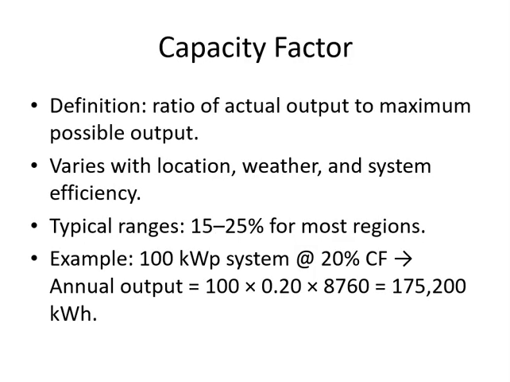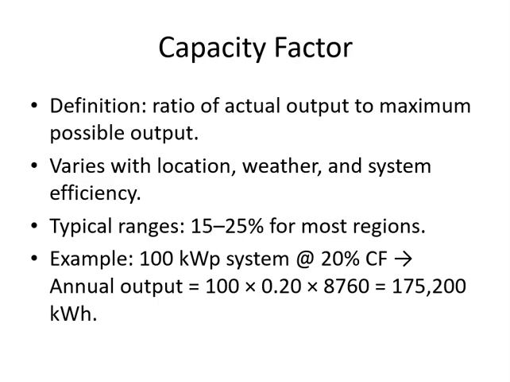The capacity factor is the ratio of what your system actually produces to what it could produce if it ran at full power. This varies. For example, sunnier locations, like Dubai and Jordan, have higher factors. Cloudy areas, like London, could be lower. Most systems fall between 15 and 25%, and it is the experts' decision to choose between these percentages.